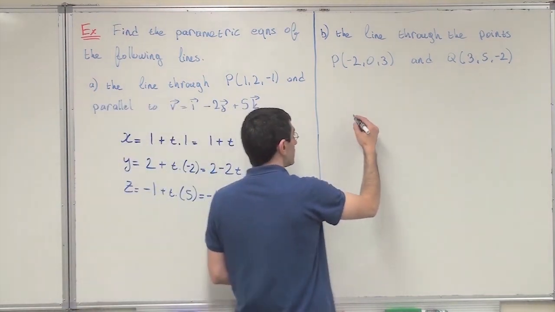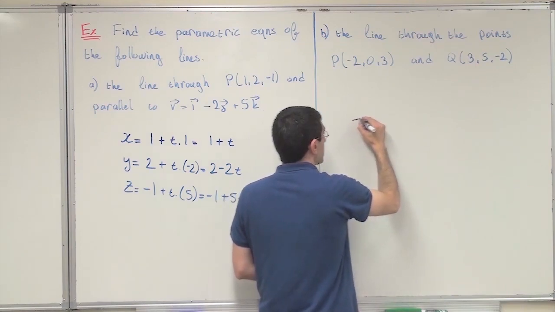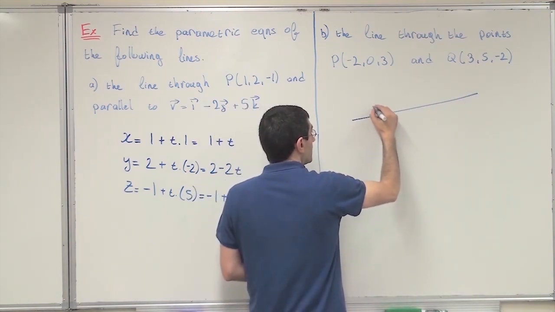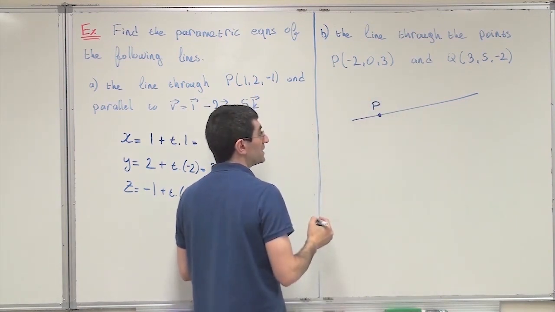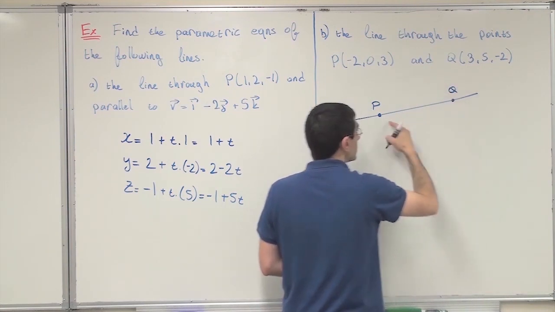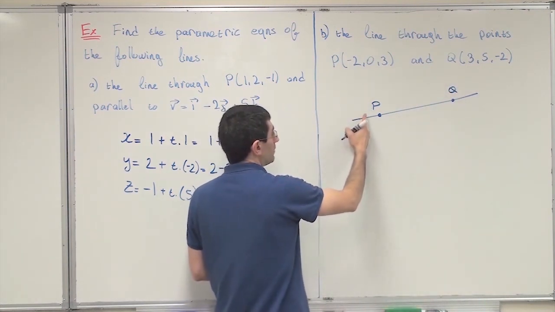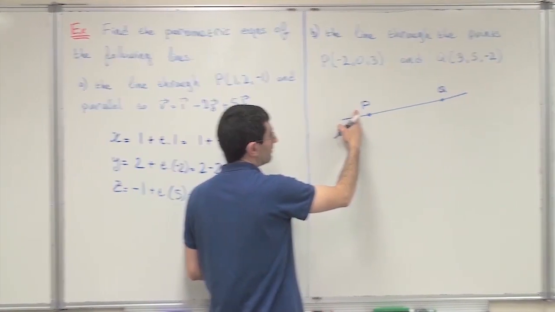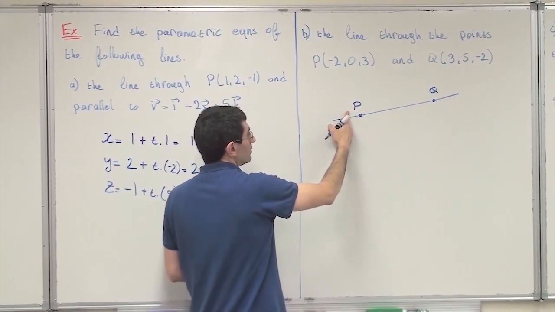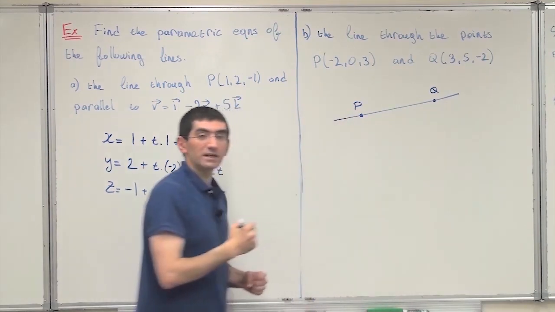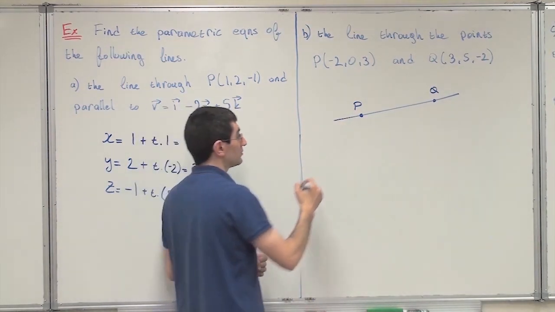For these kinds of exercises, it is always a good idea to draw a picture, and put on that picture the information that you are given. So, we are looking for a line equation, and what we are given is that there are 2 points on that line, P and Q. Using these 2 points, I can create a vector which is parallel to the line.